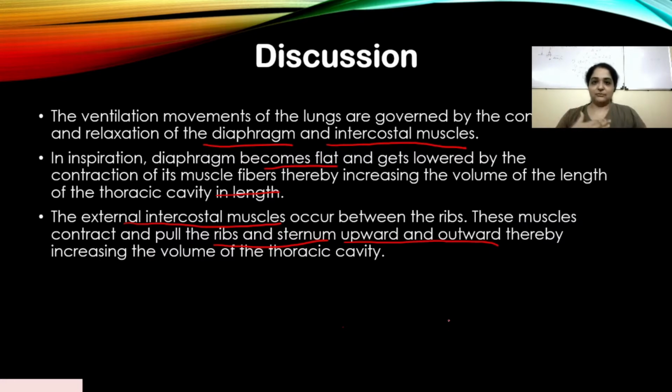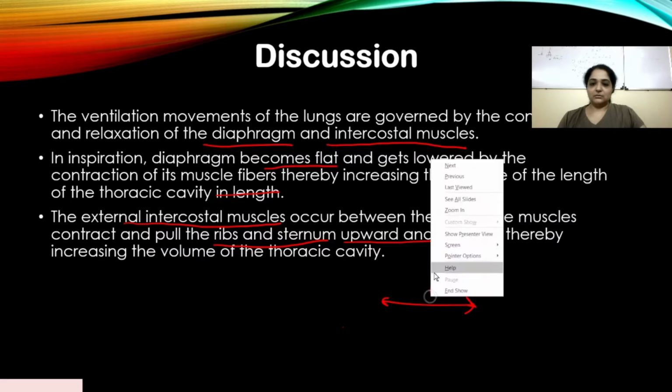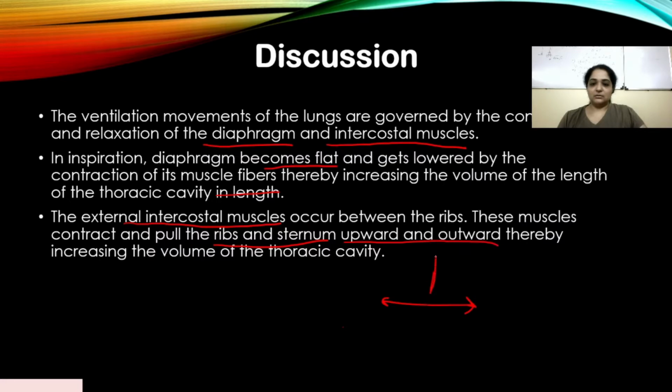So upward as in front, and outward, so it will move this way, and upward here and this way, transversely. So your thoracic cavity expands that way too. That's how the intercostal muscles help.